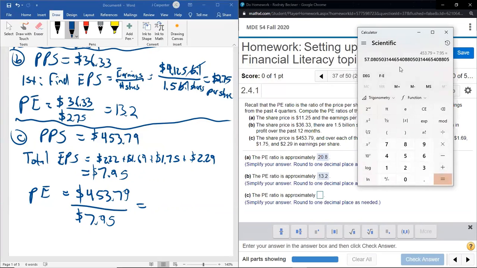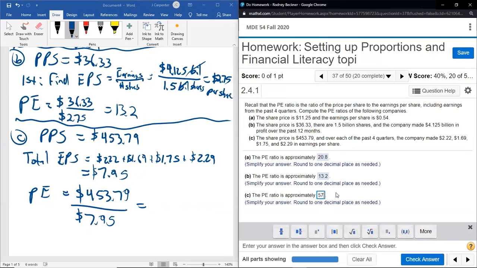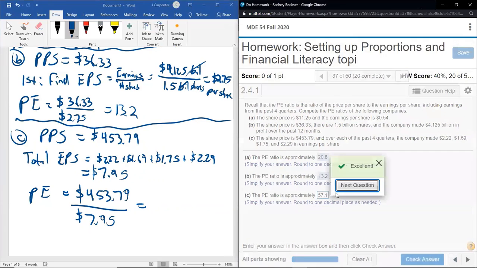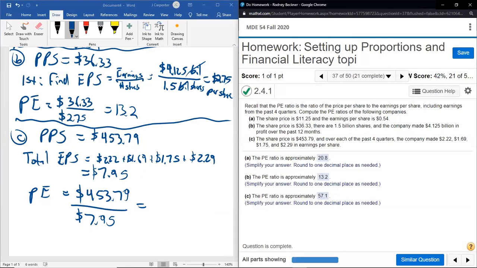And we get 57.08, which would round to 57.1. Let's see if 57.1 is right. We got it. So that was our PE ratio.